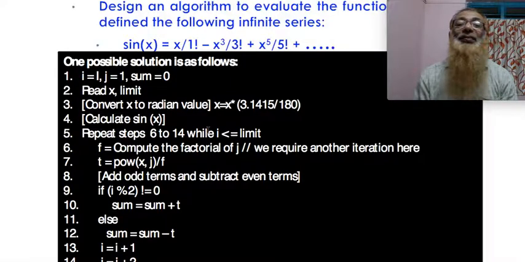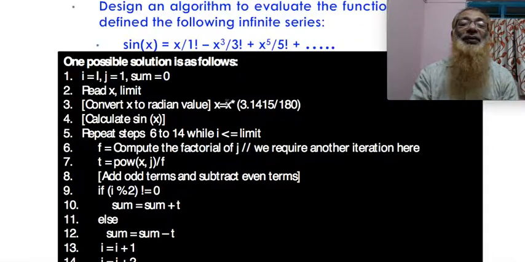Limit is the number of terms up to which the series is to be computed. Then in this step we convert x to a radian value. From step 5 onwards we will calculate sine x.